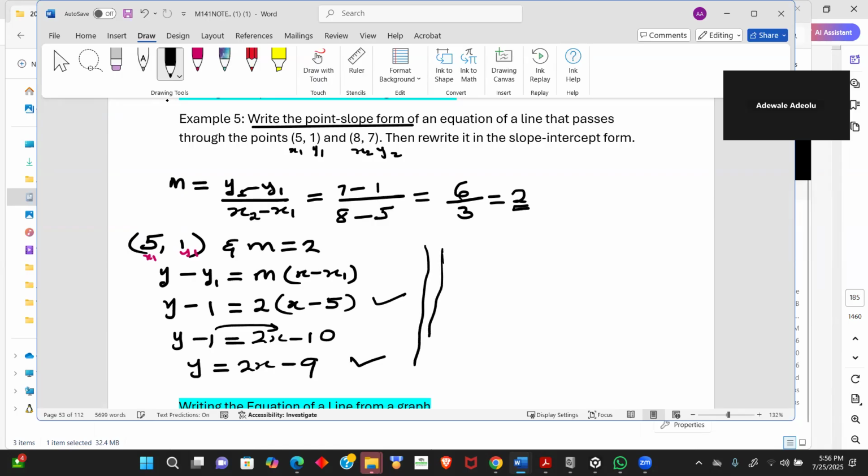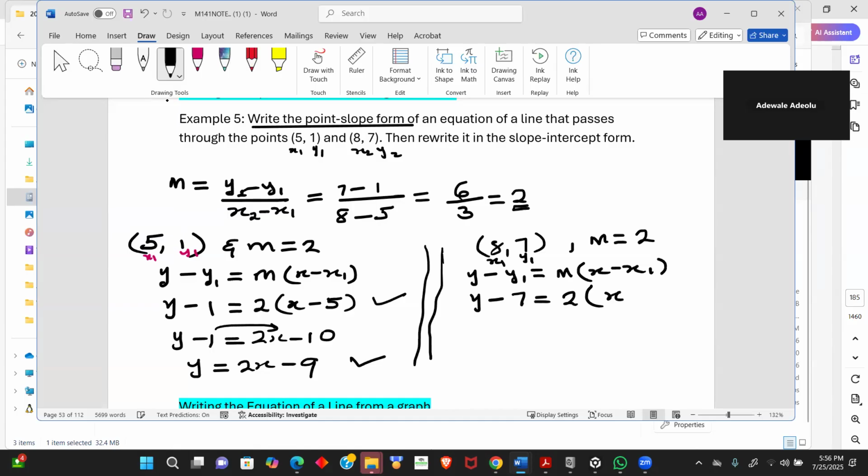Okay. Well, wait. What if we pick the other point, 8, 7? Are we going to have the same answer? Let's check it out. So again, I will use y minus y1 equals slope times x minus x1. So that is y minus, in this case, my y1 is 7 and this is my x1. So y minus 7 equals 2 times x minus 8.